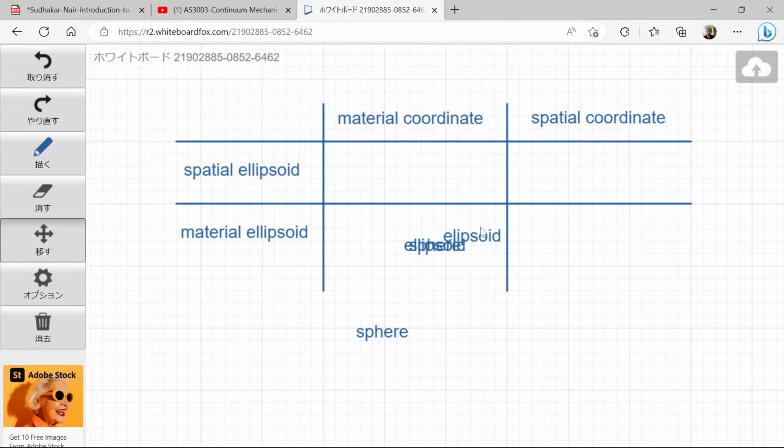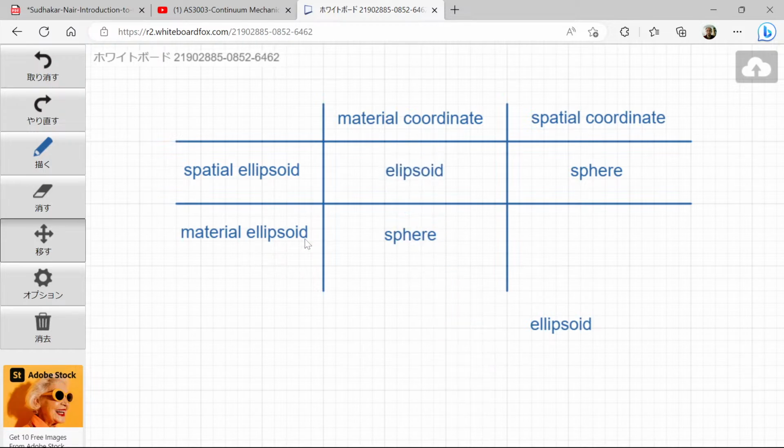So the spatial ellipsoid in spatial coordinate is a sphere. Yes, the material ellipsoid in material coordinate is a sphere. Okay, so the spatial ellipsoid in material coordinate is an ellipsoid.